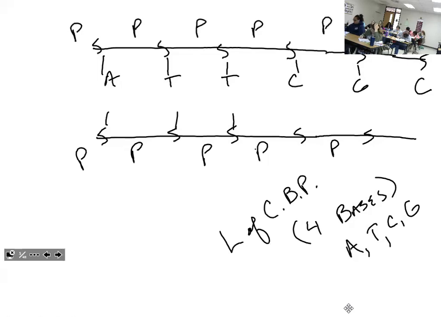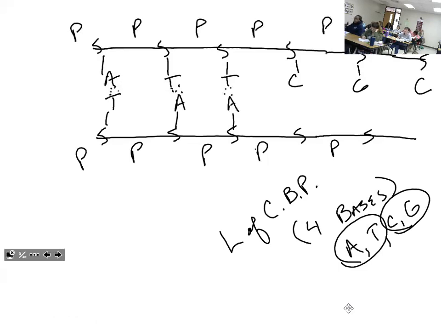If on this strand there is an adenine here, it can only base pair with a thymine on this side. If there's a thymine here, it would only be pairing with the what? So adenine to thymine and cytosine to guanine. So y'all tell me what's on this side?